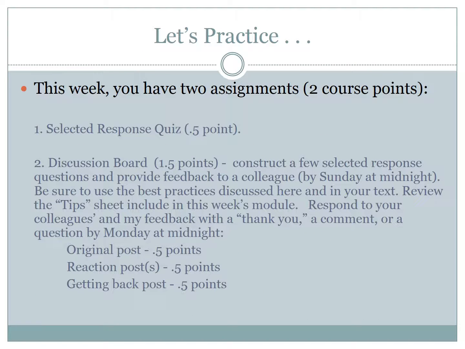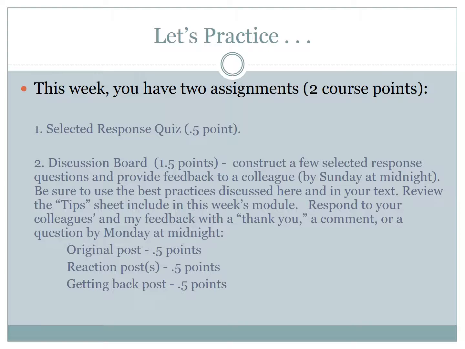You're going to have a chance to practice writing selective response items through 2 assignments. Most of the weeks, you'll probably have noted that your assignment is worth 1 point, and that is 1 course point or 1% of your grade. However, this week you have 2 assignments, and they are worth a total of 2 course points.